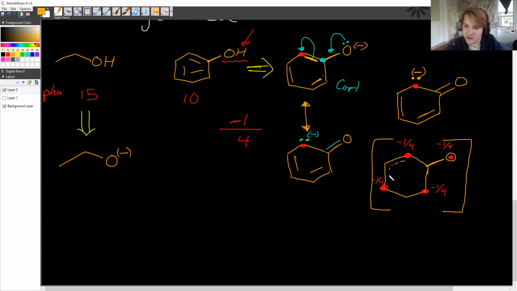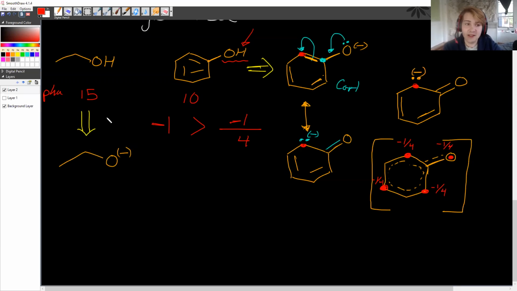And we have some dotted lines that go in here, and I will explain what these are later. But the big important thing to know is that we have 4 locations, and so is 1/4 less than the -1 on this ethoxide? Totally, right?